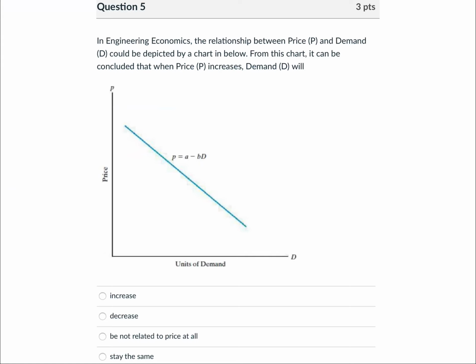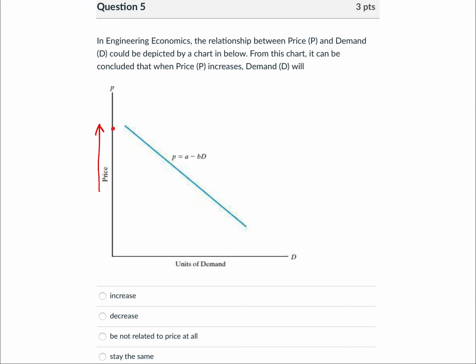Okay. Question number 5. In engineering economics, the relationship between price and demand could be depicted by the chart below. That's the angled line we talked about, right? It's going downward. From this chart, it can be concluded that when price increases, so when price goes up, what happens to the demand?